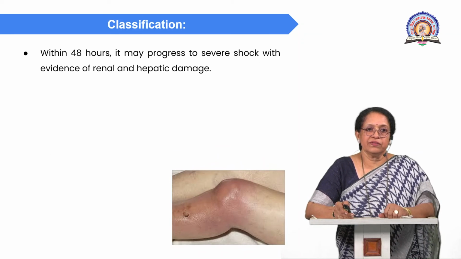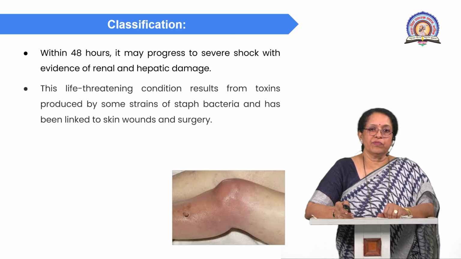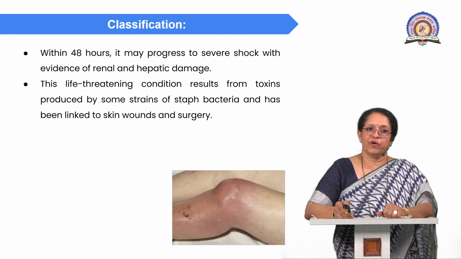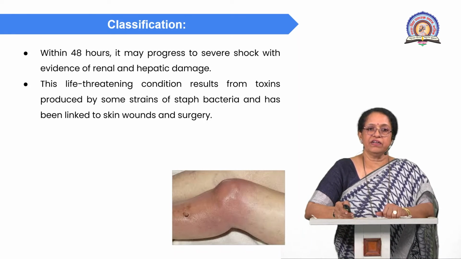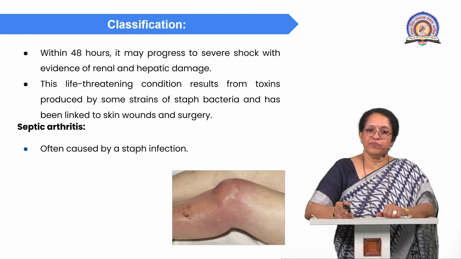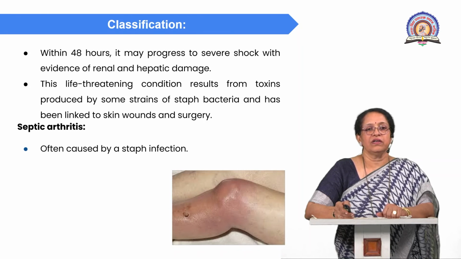This organism, when it profuses the body, spreads to different parts of the body and life-threatening conditions may occur. The staphylococci, when they enter deeper body layers because of blood circulation, then there is a chance of septic arthritis.